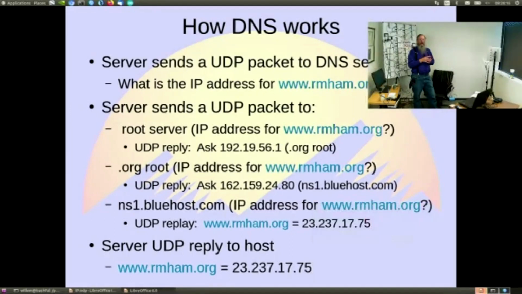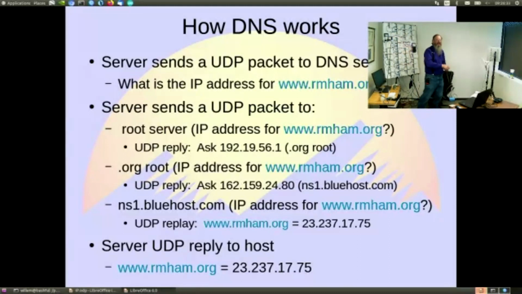So we've sent that packet to the DNS server. The DNS server actually asks the root server what that address is. And if it says, well, I don't know, go ask the .org server, it sends another packet to that .org server and says, can you tell me where www.rmham.org is? It will probably say, no, I don't know either, but RMHAM uses Bluehost as their hosting service. Go ask the name server on Bluehost what the IP address is.